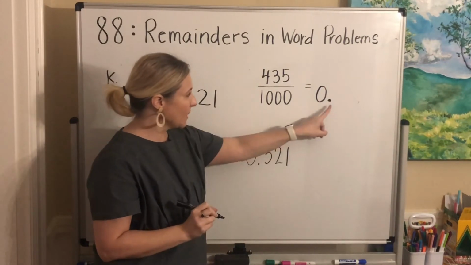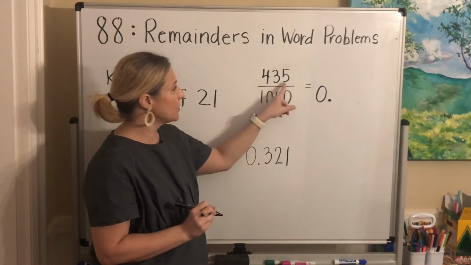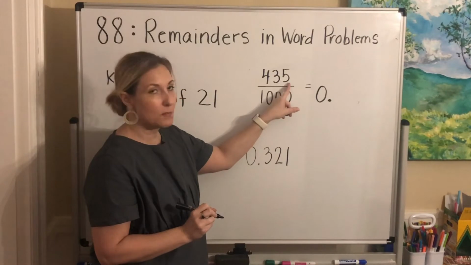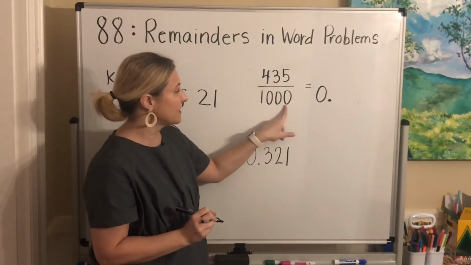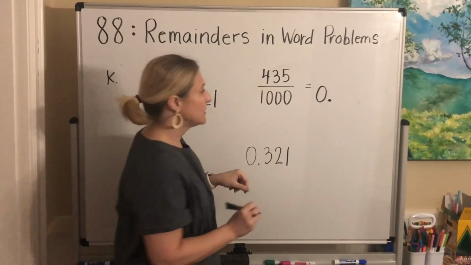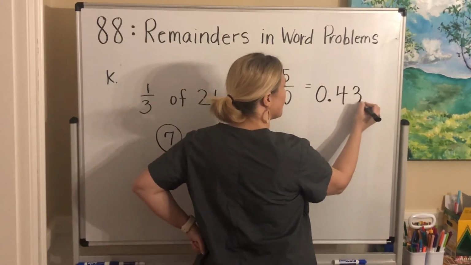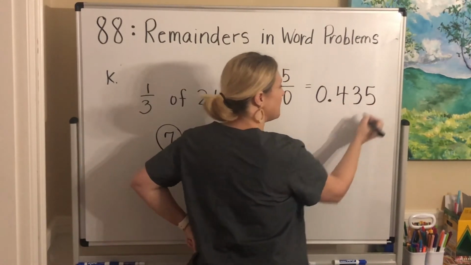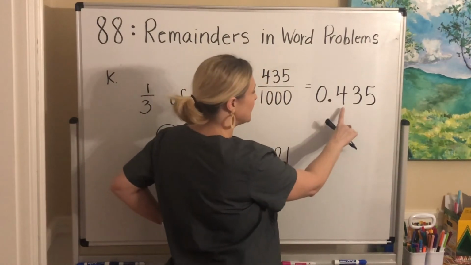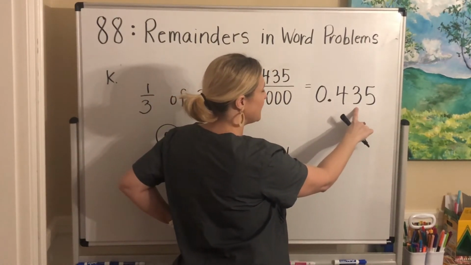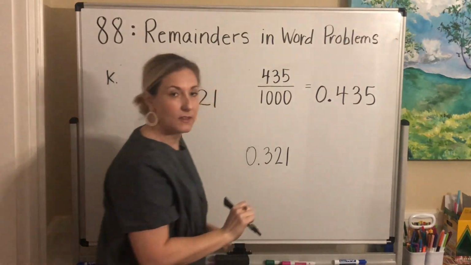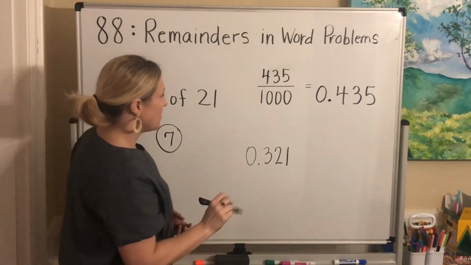Okay, and we need our decimal, and then we need 435. We need the last number of 435 to land in the thousandths place. So let's write 4, 3, 5, and make sure that lands in the thousandths place. Tenths, hundredths, thousandths. So that is correct. That's how we write it.